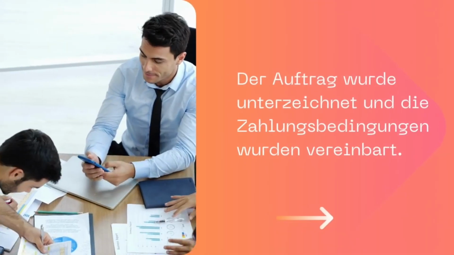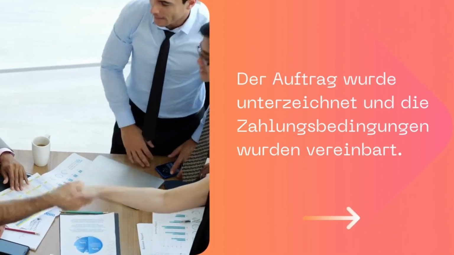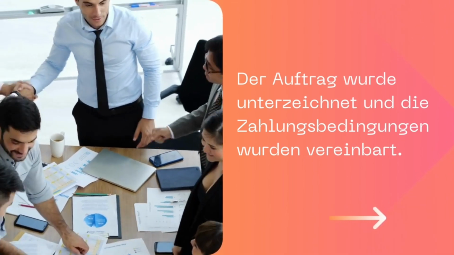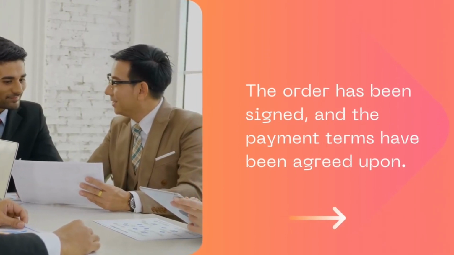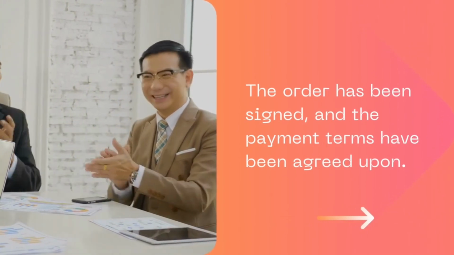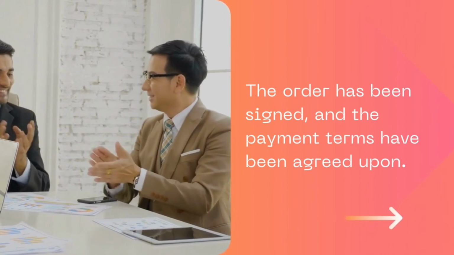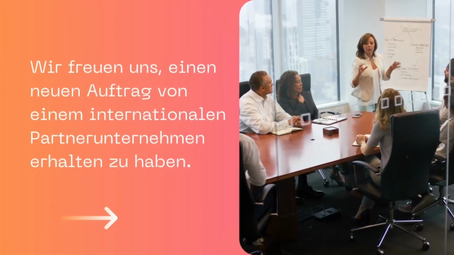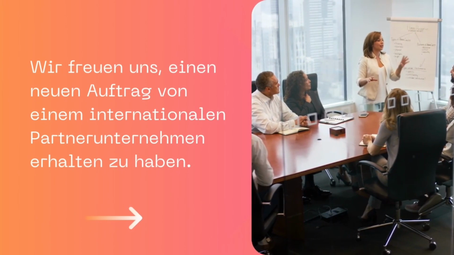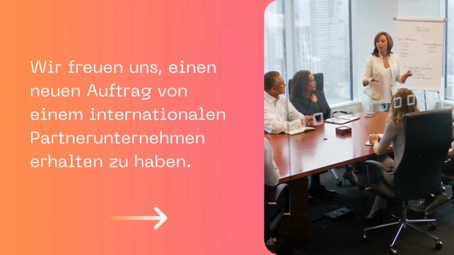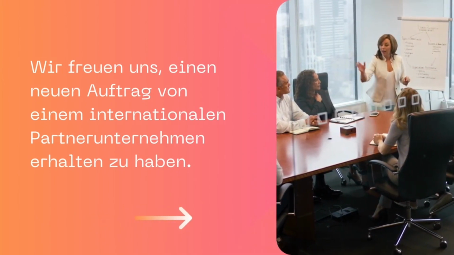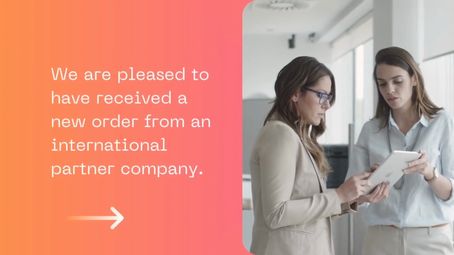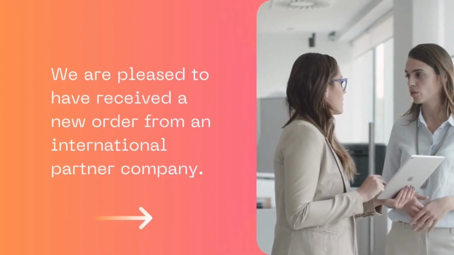Der Auftrag wurde unterzeichnet und die Zahlungsbedingungen wurden vereinbart. The order has been signed and the payment terms have been agreed upon. Wir freuen uns, einen neuen Auftrag von einem internationalen Partnerunternehmen erhalten zu haben. We are pleased to have received a new order from an international partner company.